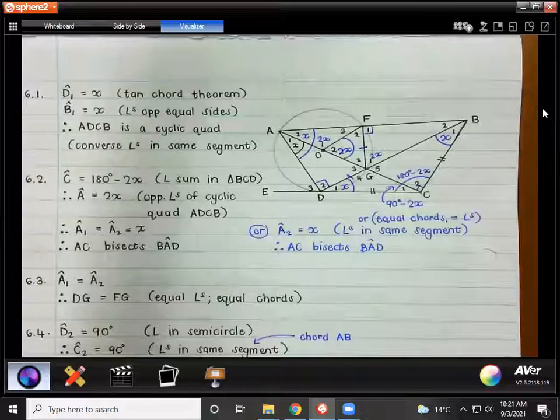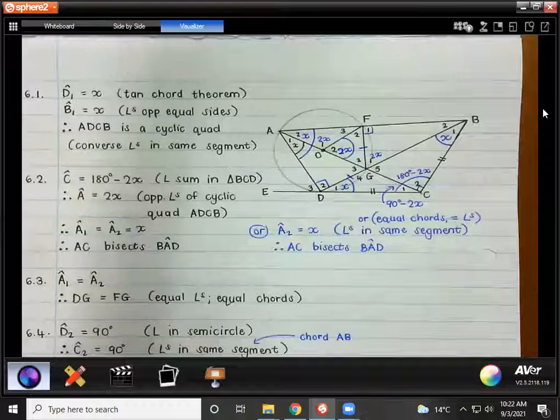Is that enough to prove that it's a kite? I'm actually not sure about that. I feel like it might not be enough information to prove that it's a kite.